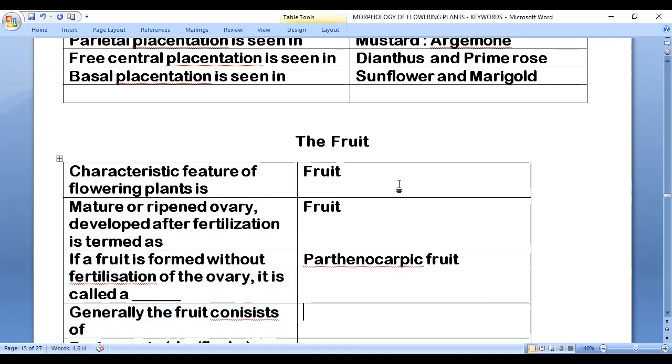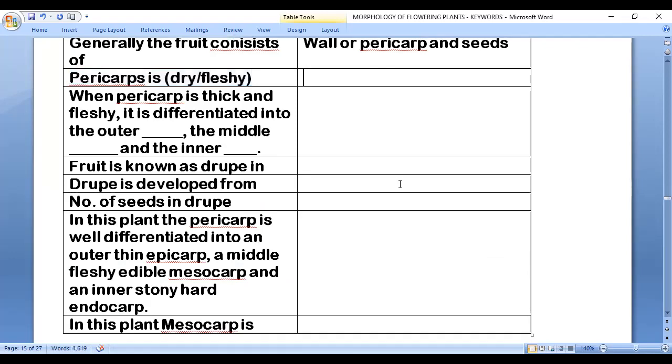Generally, the fruit consists of a wall or pericarp and seeds. The pericarp may be dry or fleshy. When a pericarp is thick and fleshy, it is differentiated into an outer epicarp, a middle mesocarp, and an inner endocarp.